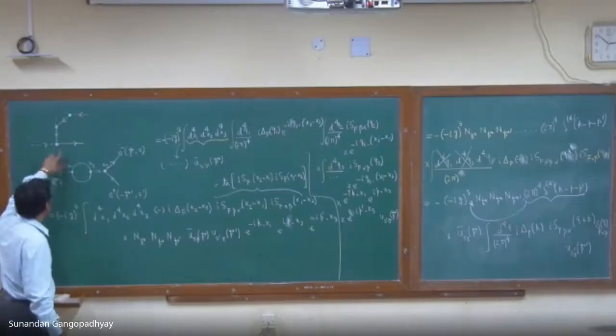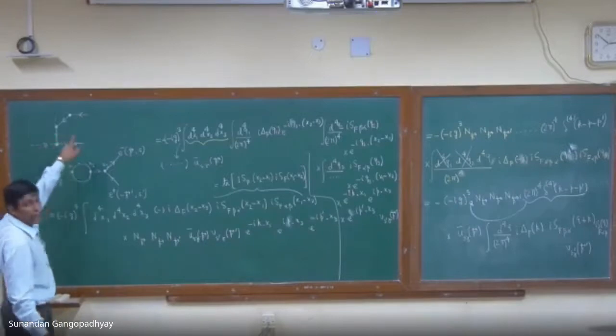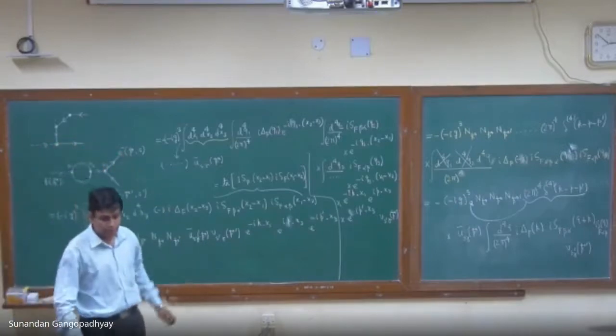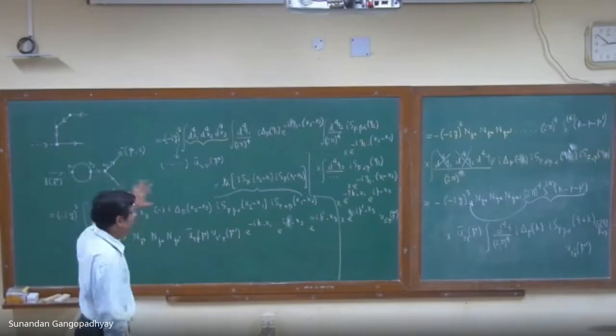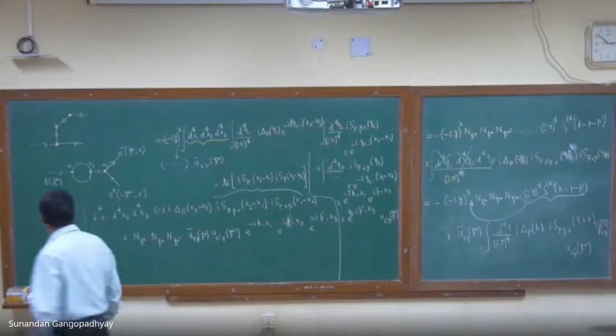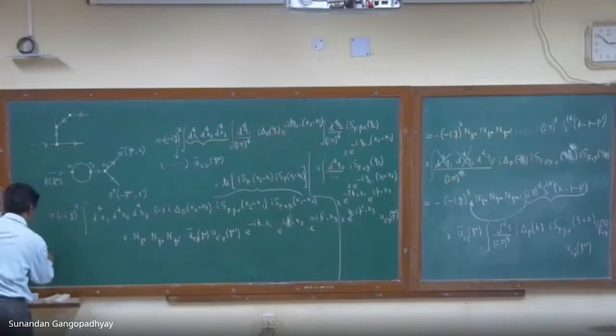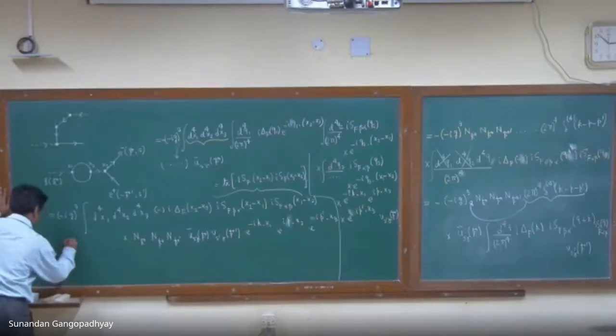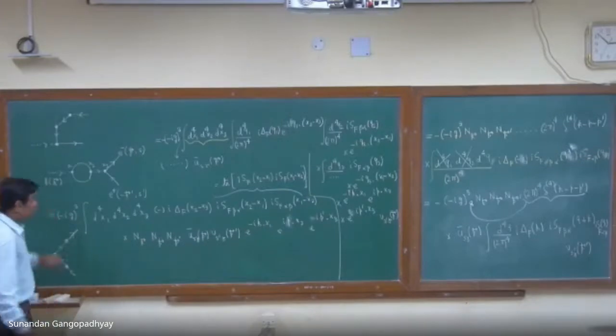Then there is one more diagram which is similar to this, it just inverts the fermion line arrows. That is another diagram. So this completes the 4 diagrams, and I think we have calculated this one in the previous class.